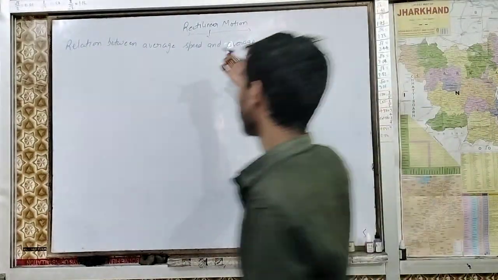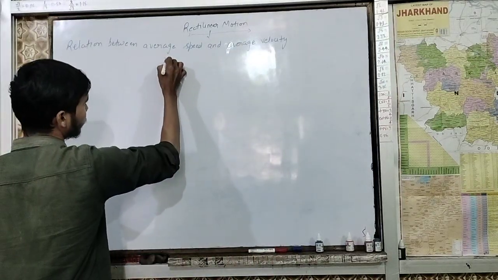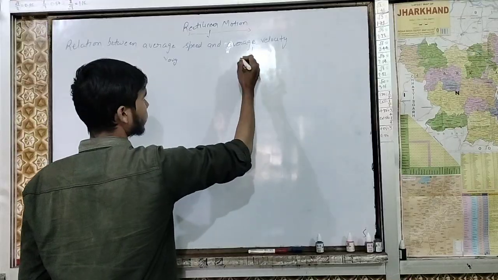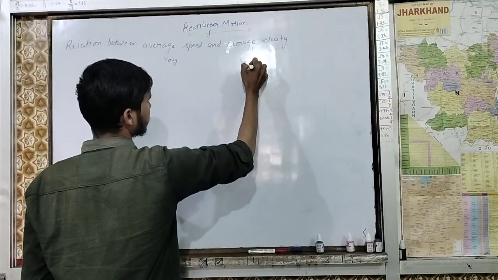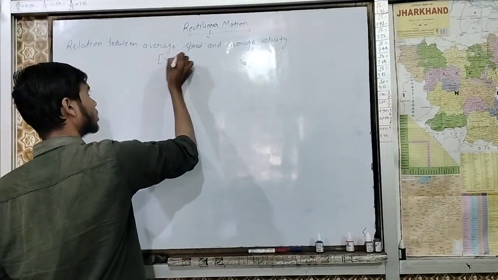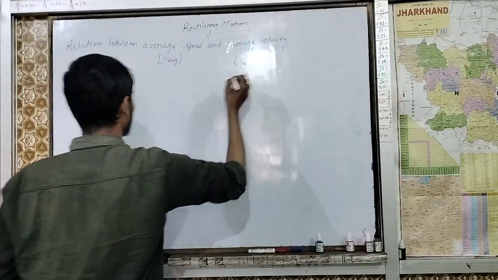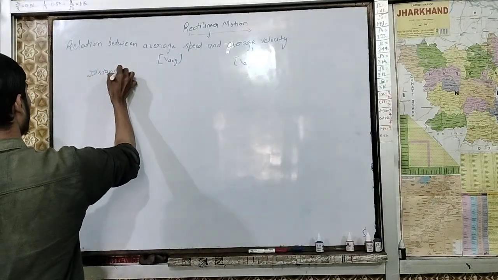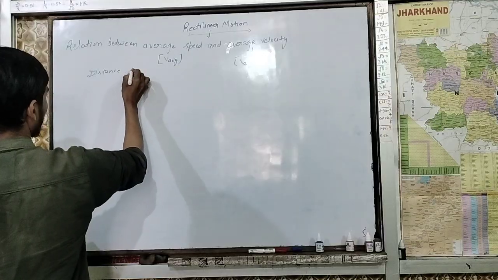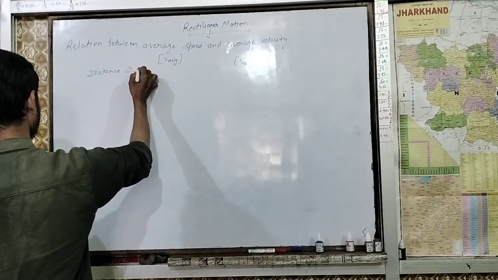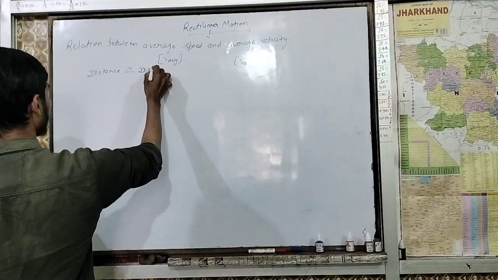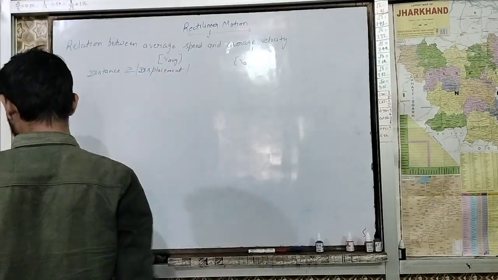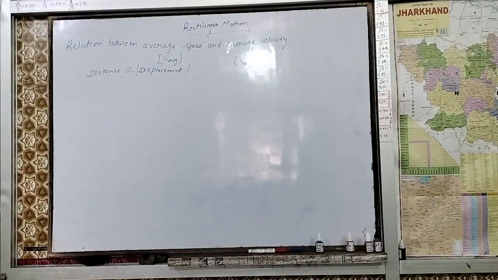Average speed is written like this, v average, and average velocity has the same symbol. Over here you will get confused. First thing, your distance could be equal or greater than the mode of displacement. We have seen this thing.